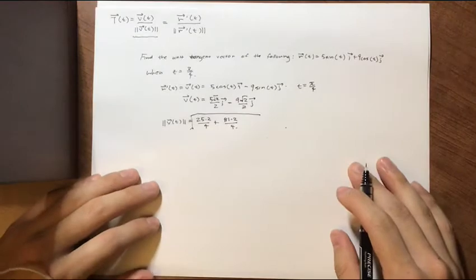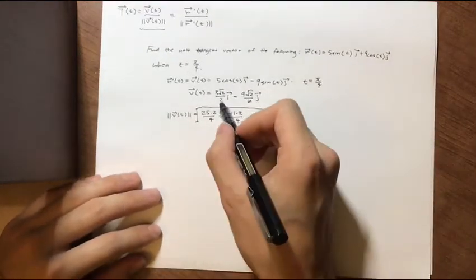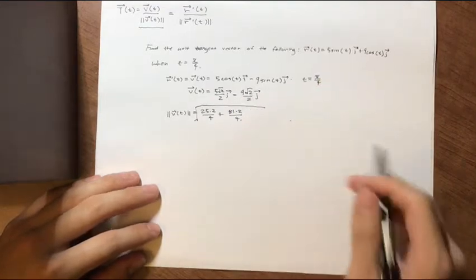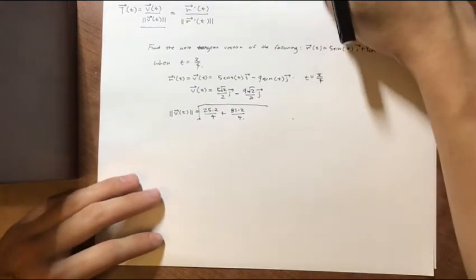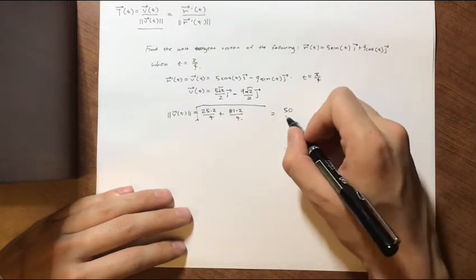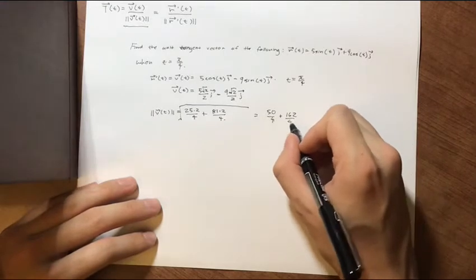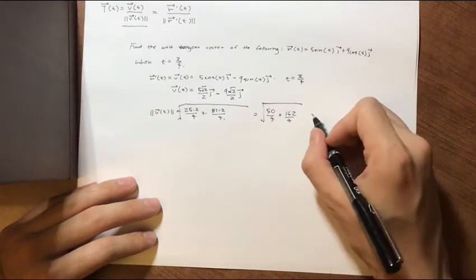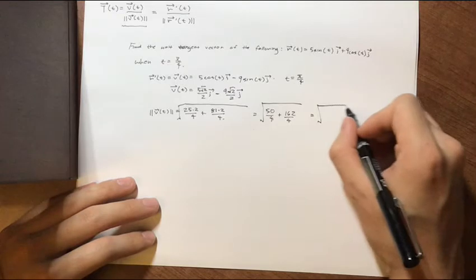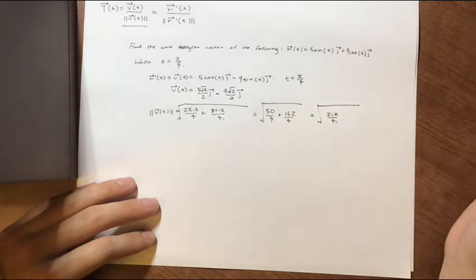Now remember that the magnitude is the square root of the i and j components squared. Now this would be 50 over 4 plus 162 over 4. Don't forget the square root, which would be 212 over 4.